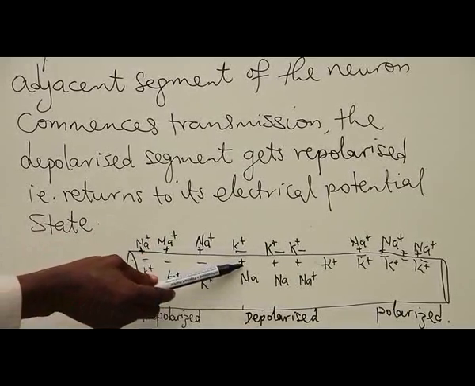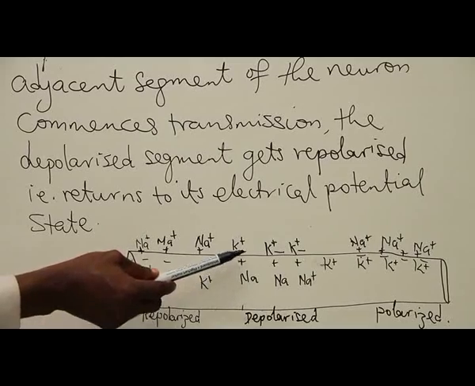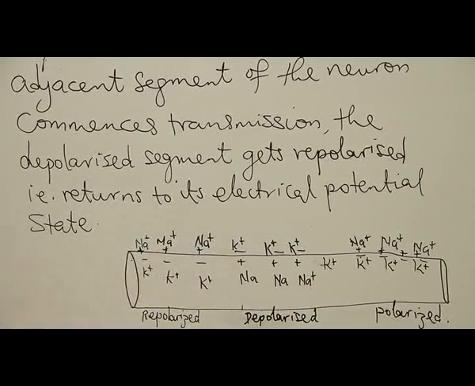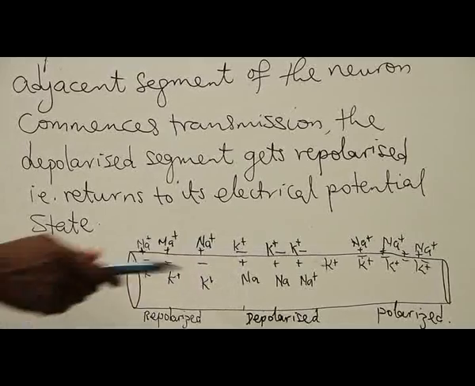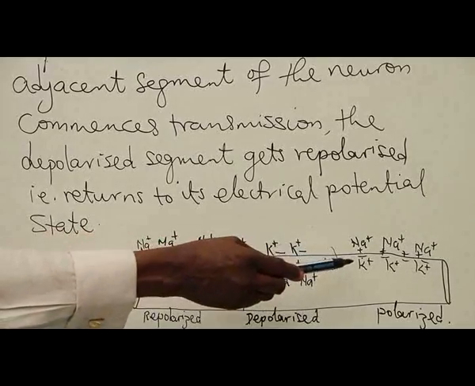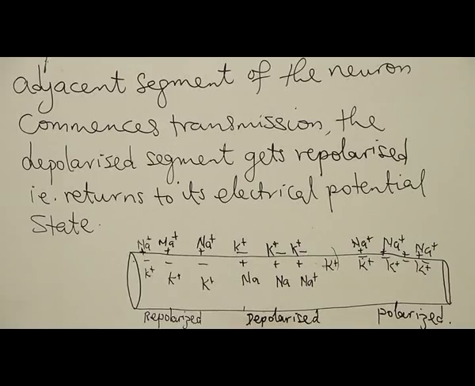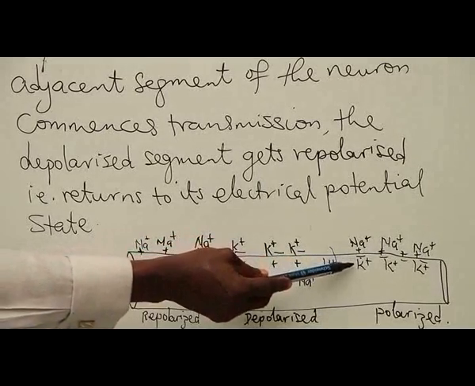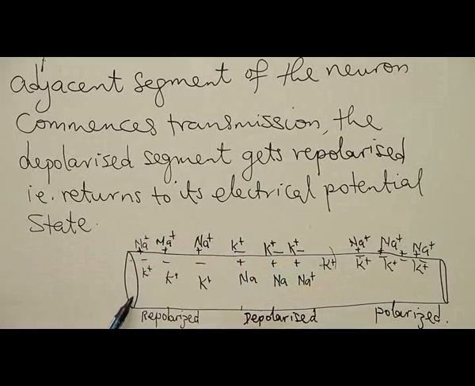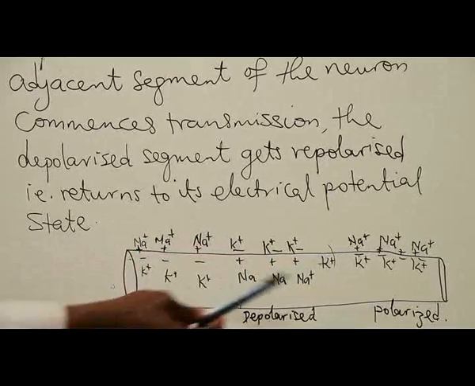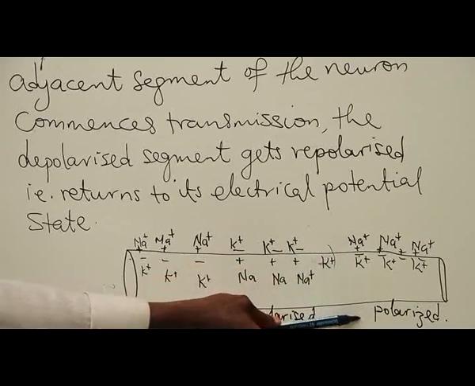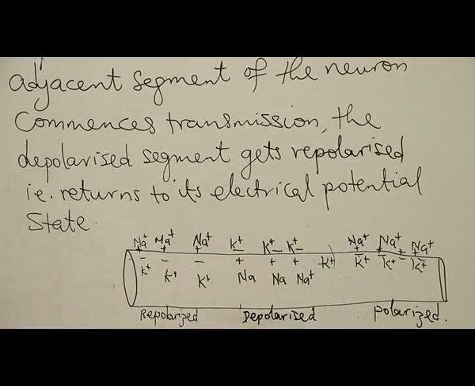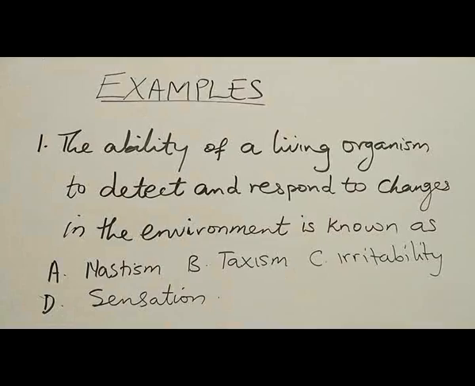Inside now becomes positively charged, while outside is negatively charged. The other segments here are still at rest. You can see that its potential is just like the one that has been repolarized. So this one is the resting position that has not started transmission of impulses.